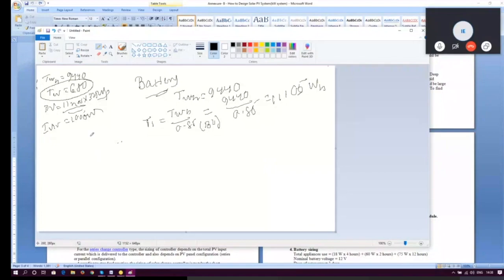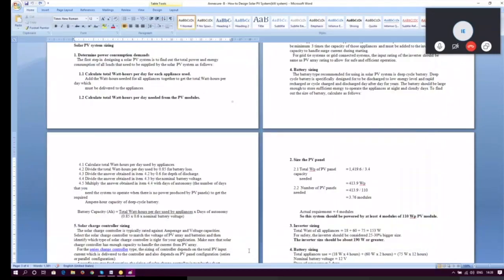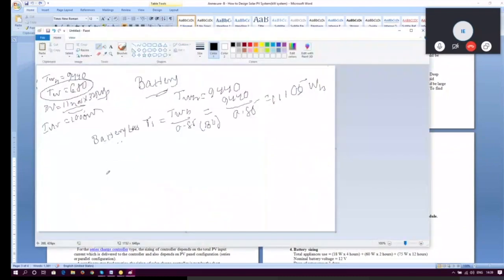So first, T1 is the calculation against battery loss. We have taken the battery loss component as 0.85. The next component is to divide the same by the battery discharge loss. Battery discharge loss T2 would be T1 divided by 0.6.